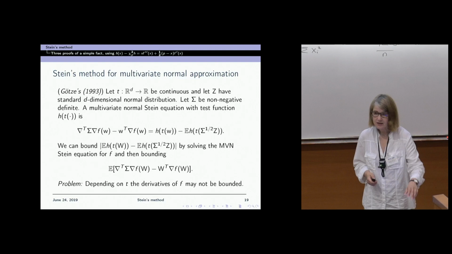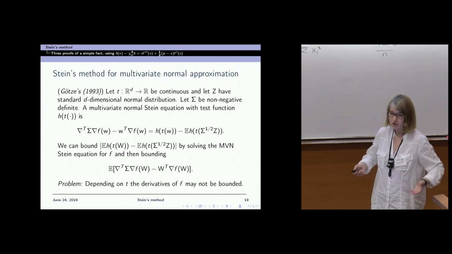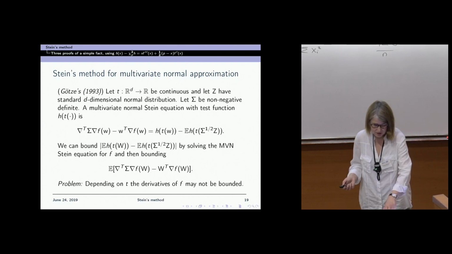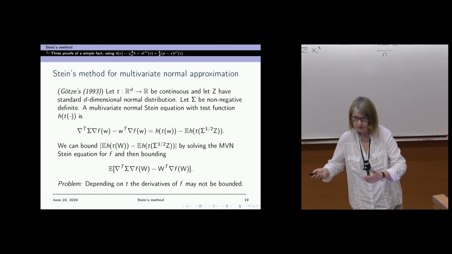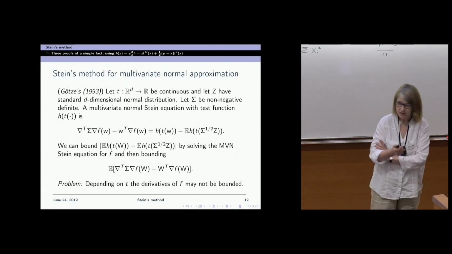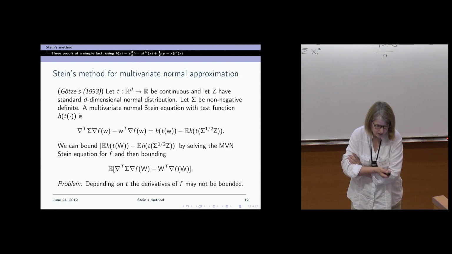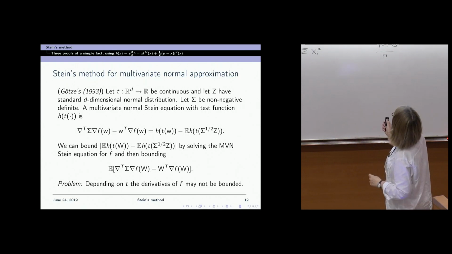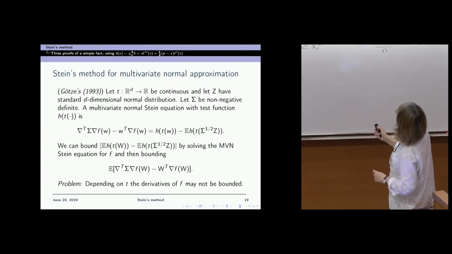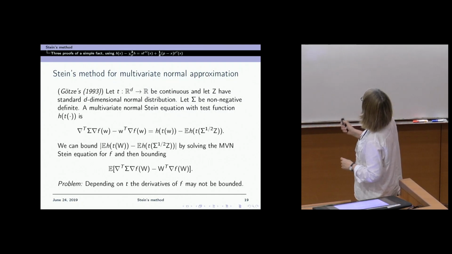So this is the same as sigma squared f double prime minus x f prime, if you're looking at the univariate case, equals h of t of w minus h of t of sigma to the half Z, which is the appropriately scaled normal. And so using Stein's method, we can bound this distance by solving this multivariate Stein equation for f and then bounding this part here.